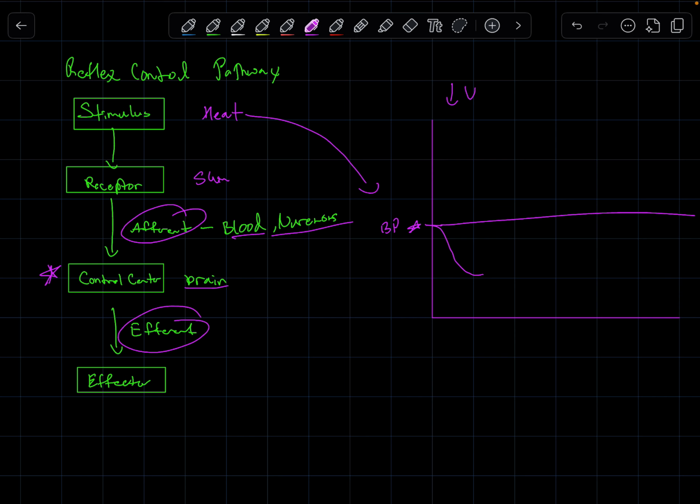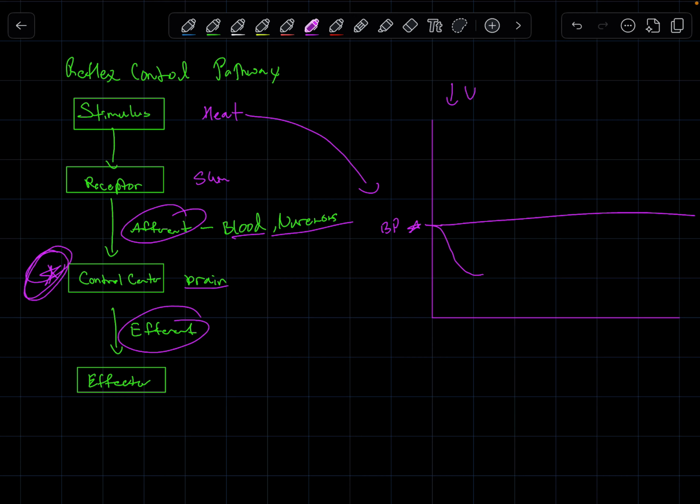But because our body has this reflex control pathway, the stimulus would be our blood pressure, and the receptors are going to be receptors in the arteries in our vasculature that will send signals to the control center again, and then send an efferent response.